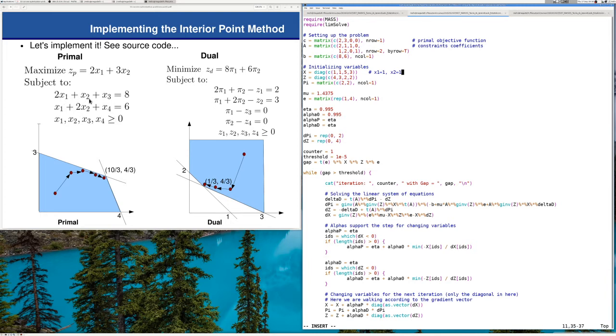Of course, constraints must be satisfied. Take a look here: 2 times 1 plus x2, which is also 1, that's going to be 3. So I must sum up something to make this equal to 8, and this something has to be greater than or equal to 0, because I cannot subtract something. So in this case, x3 is going to be equal to 5.